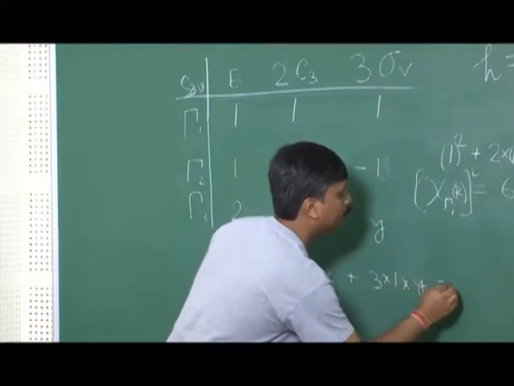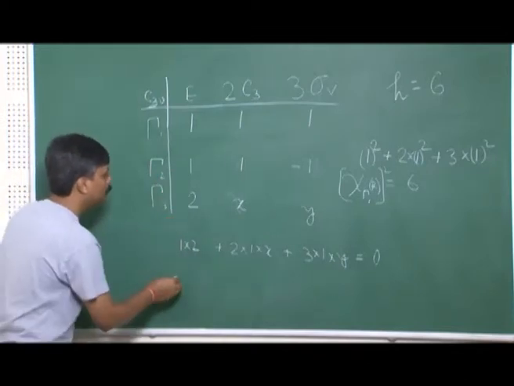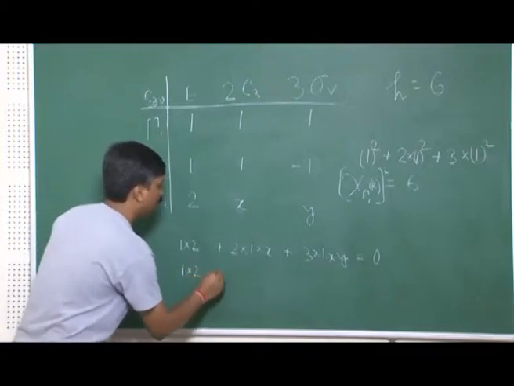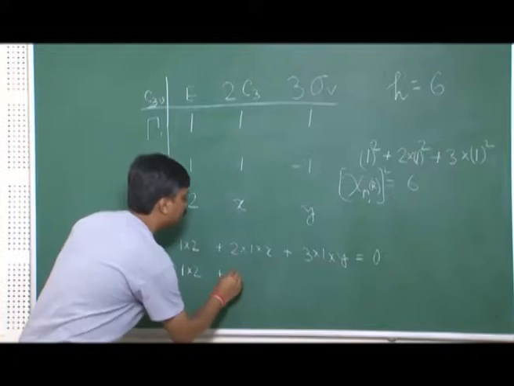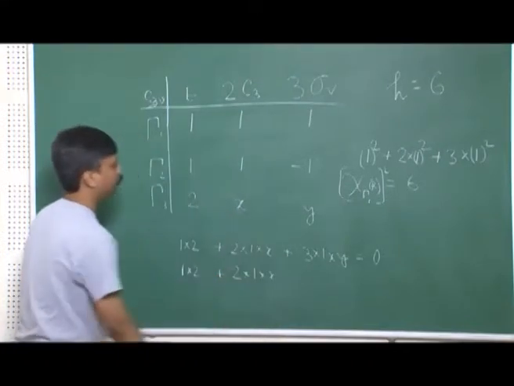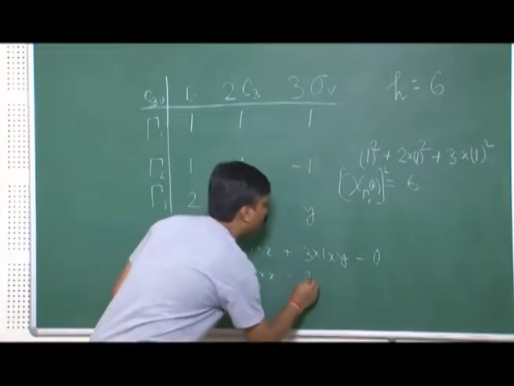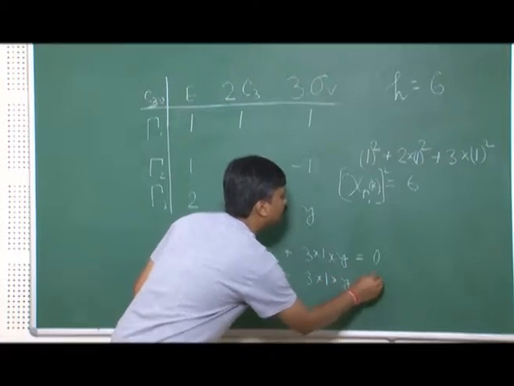And this should be 0 due to orthogonality. Similarly, I combine these two, so I get 1 into 2 plus 2 into 1 into x minus 3 into 1 into y equals 0.